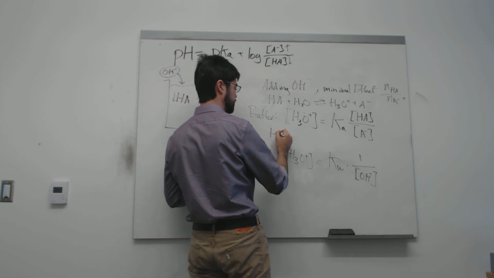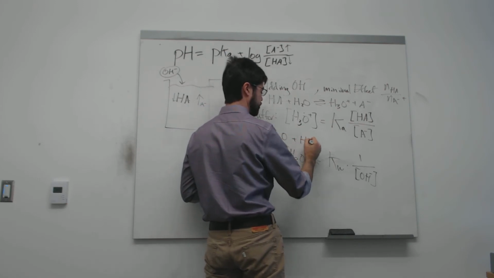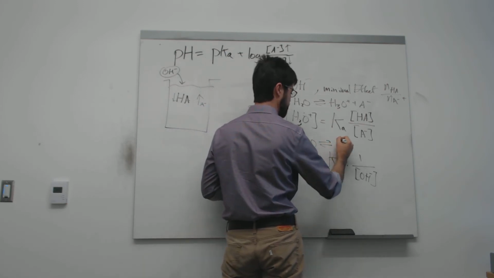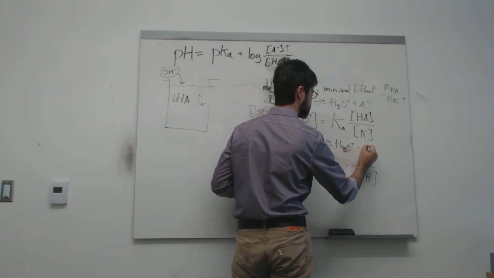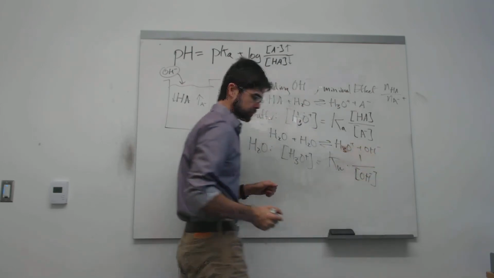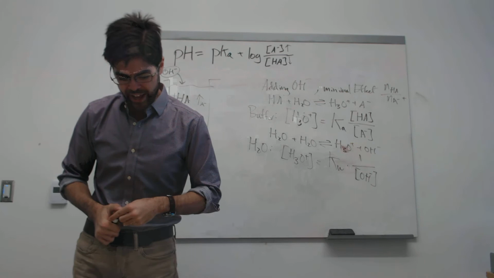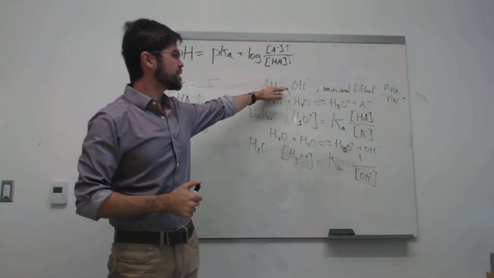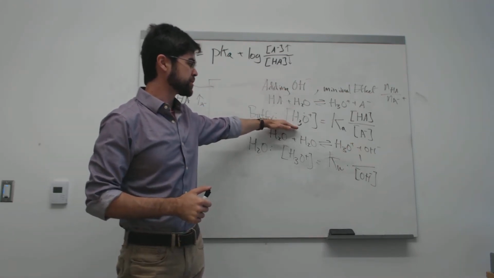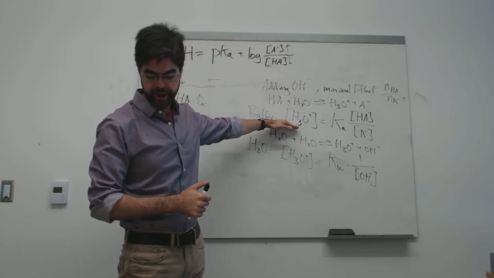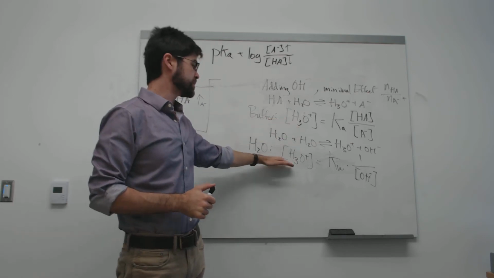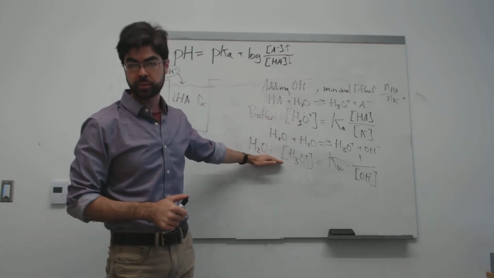This one is between an equilibrium of water acting as both acid and base. So why is it that when you add hydroxide to the buffer system, that doesn't upset the hydronium concentration, but it does upset it for just pure water?